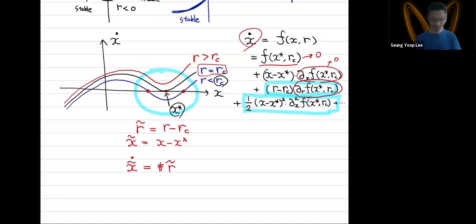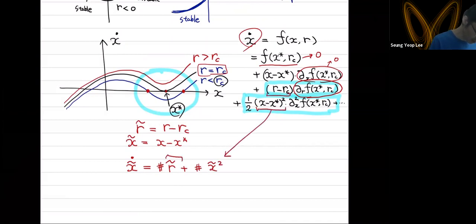That's a number, right? That's a number because it's evaluated at x star and r is critical, r_c. Plus certain other number times x tilde squared from this term. So this term is coming from here. The second term is coming from here. Again, some number, and the higher order.